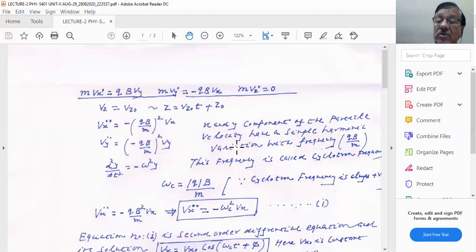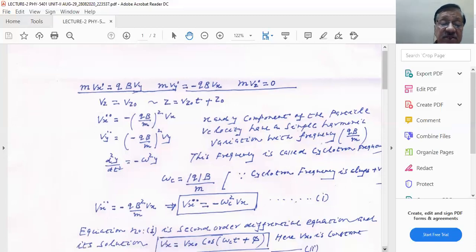It may come out, or it may go inward. You may have an outward field or an inward field; both cases you can consider. You can apply the field along the outward z direction or along the inward z direction. Now please remember this particular equation which I write down here.